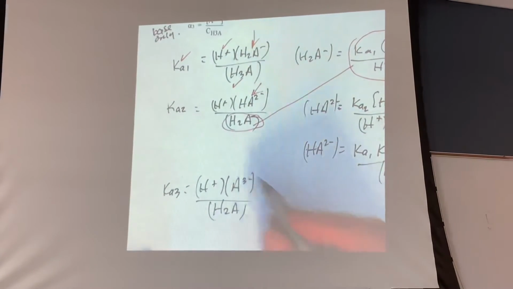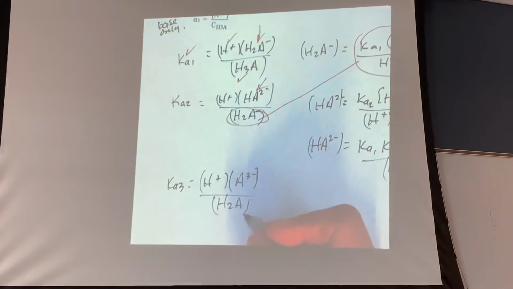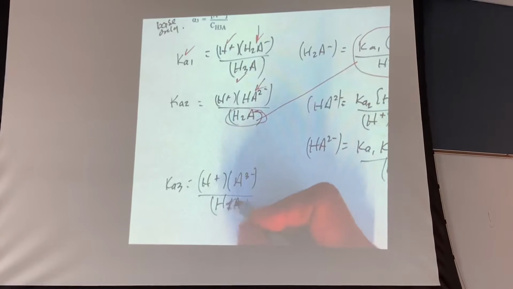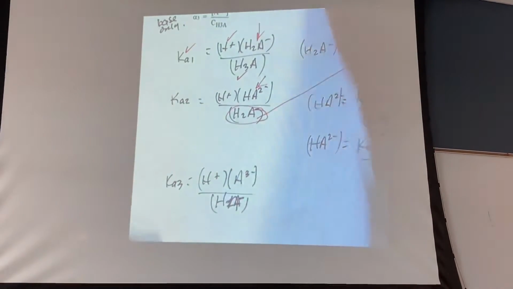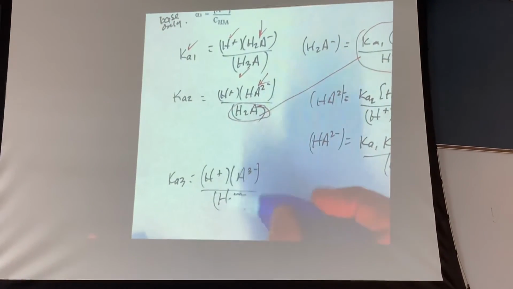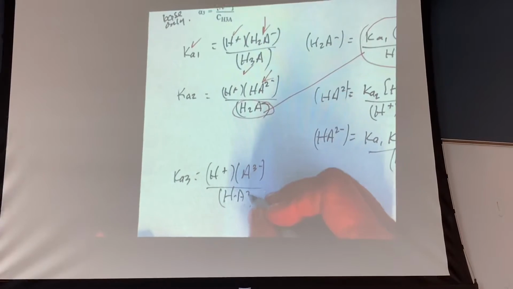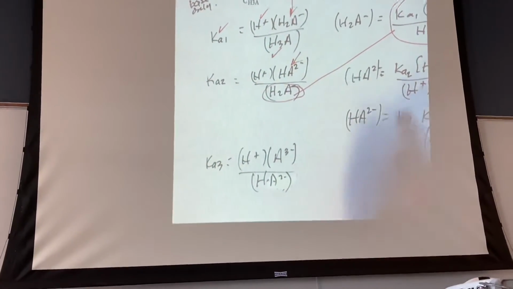I'm going to now solve for this. This is supposed to be HA2 minus. Let's just clean it up. HA2 minus, okay. So I've got an expression for HA2 minus.